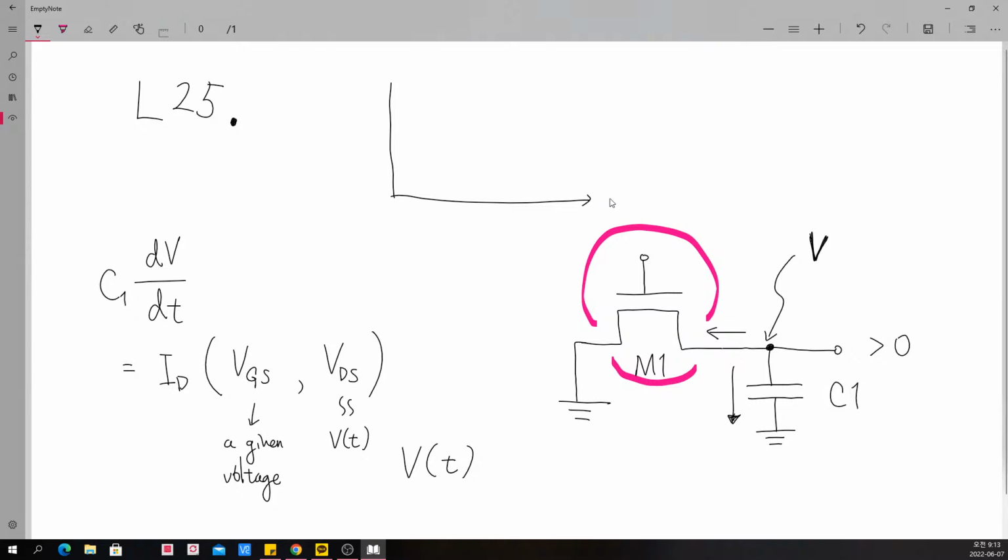As time elapses, the voltage of our capacitor is just kept as before. Although time elapses, there will be no change in this capacitor voltage because there is no current flowing through the M1 transistor.